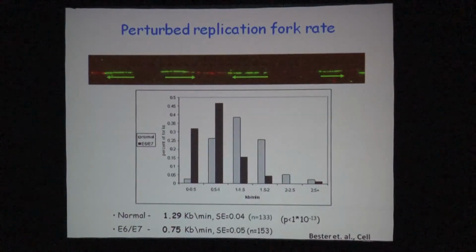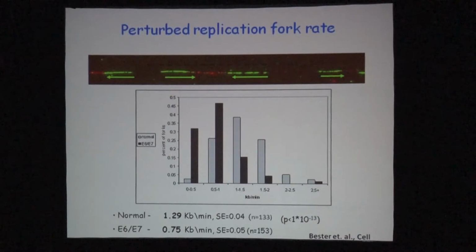So what Asaf did, he measured the rate of the duplication of the DNA. How many letters per minute are introduced? So in the cells, before we express the human papilloma virus genes that are known to start cancer, the normal cells do have a certain rate, 1.3 letters per minute. The number is not important.